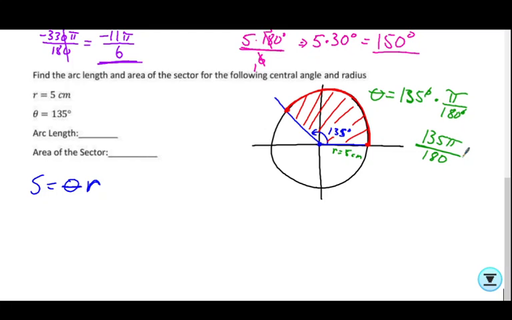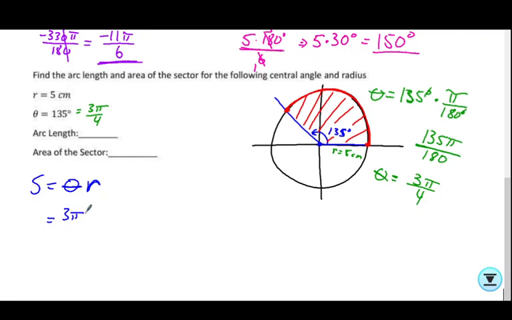Both are divisible by 5, and even more so divisible by 45, and we get 3 pi over 4 when we reduce. So theta is 3 pi over 4. So now that we know that, we just plug in.